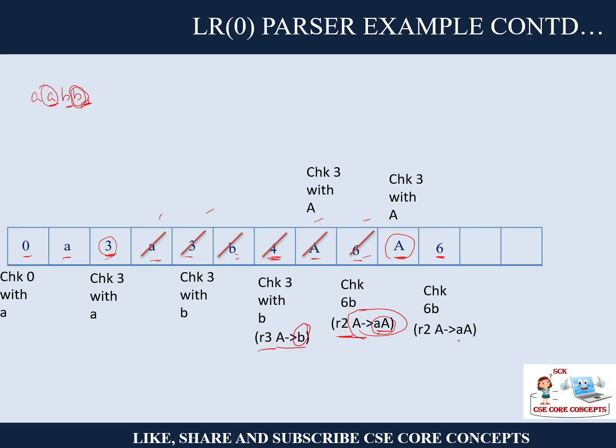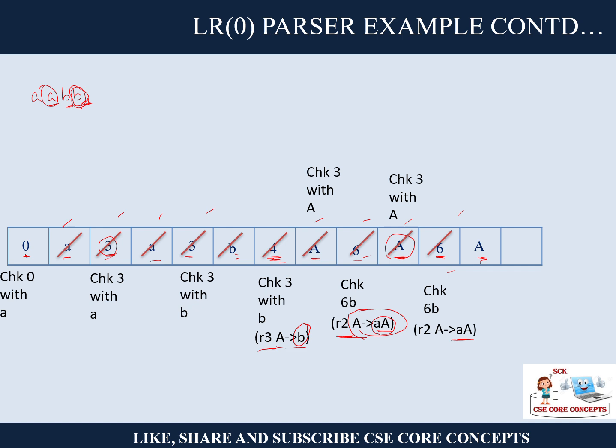Now if you reduce using this rule, 4 elements you will have to pop out. What are the 4 elements? 1, 2, then 3 and 4. 4 elements you have popped out, right? So now you have to push the LHS of the rule. So what is the LHS of the rule? That is A, right?